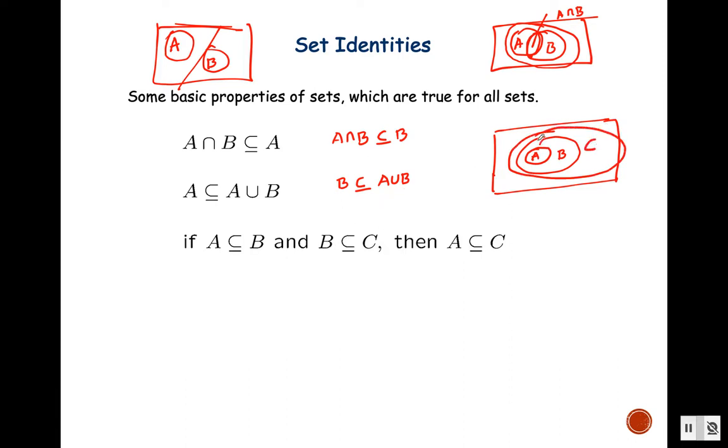So all the elements in B are also elements in C. From the picture we can see that A is going to be a subset of C.